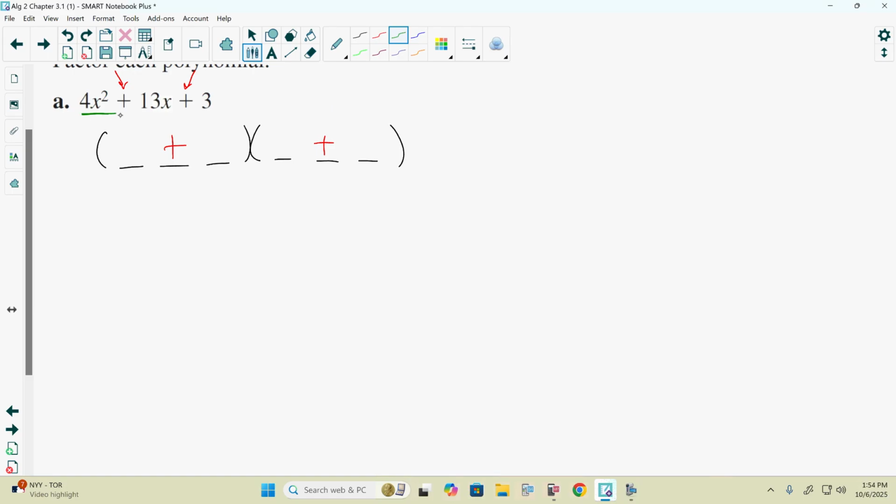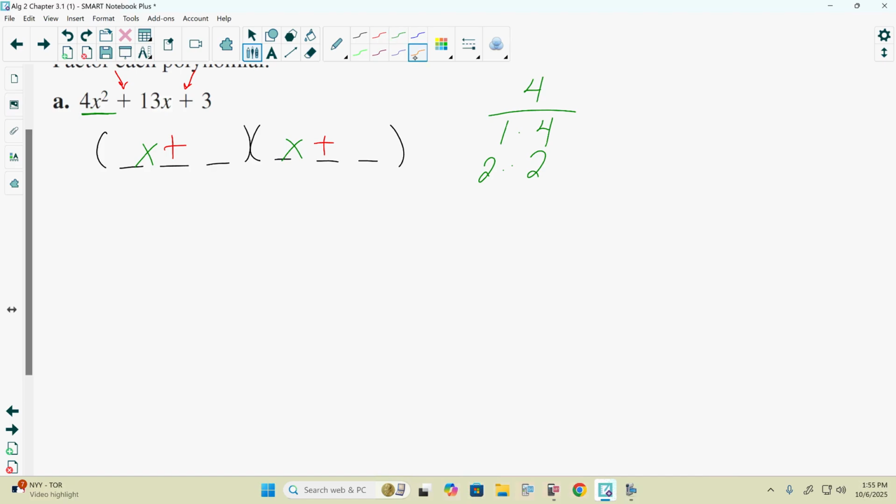Now this brings us to step number 4, factors of the first and third term. Well, our first term is what? 4x squared, yes? 4 has multiple factors, but I know the x squared is going to have to be what? X and x. Our factors of 4 are 1 and 4, or 2 and 2.